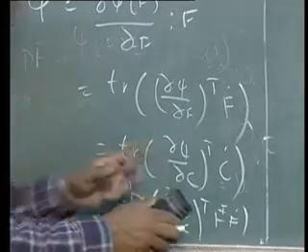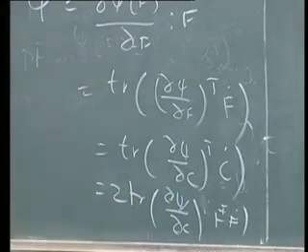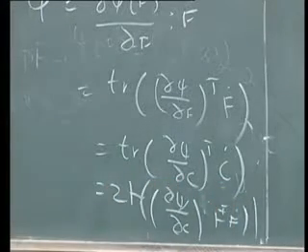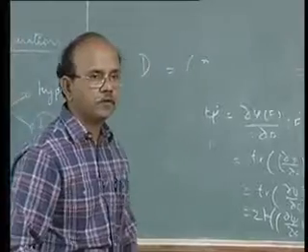Since it is symmetric, I can remove the transpose and say 2 times dou psi by dou C F transpose F dot.